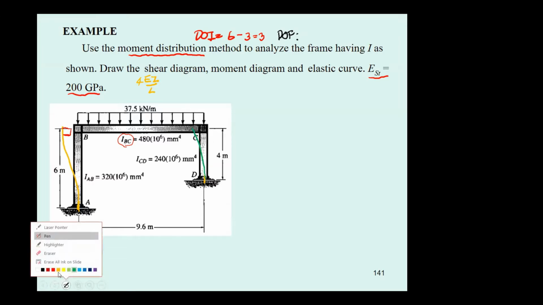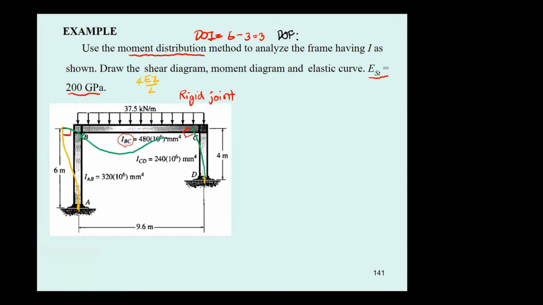Again, it must be kept at this normal angle because the joints B and C are rigid joints. Since the load is applied like this, due to the flexibility, this portion is supposed to be concave downward, another portion should be concave upward, and this one will be concave downward, and you can draft the elastic curve of this frame like this.